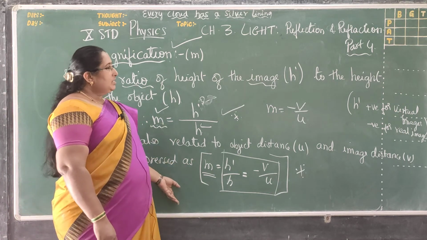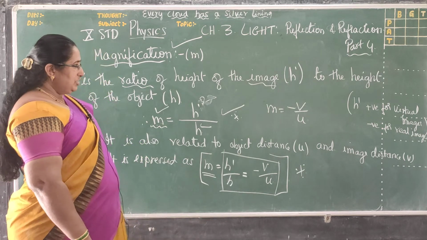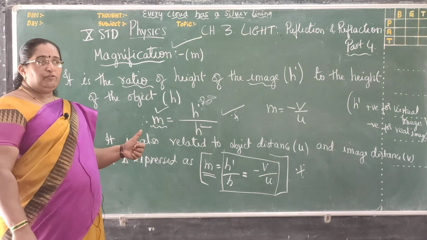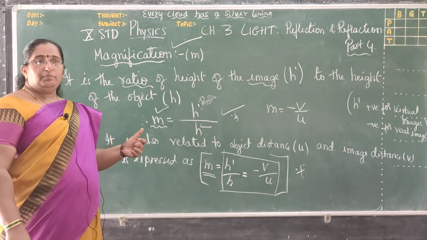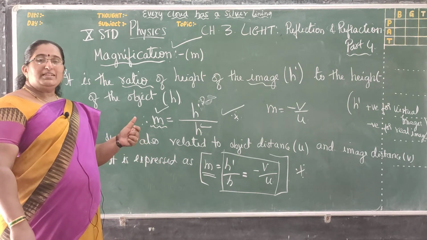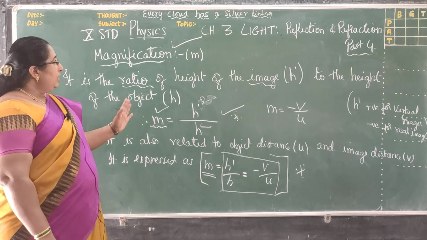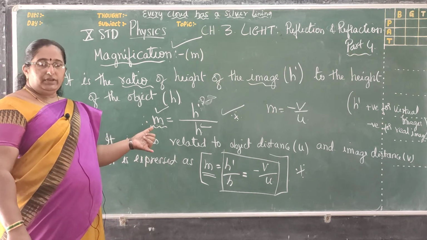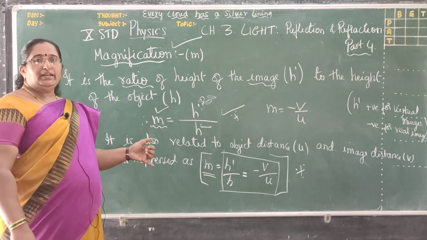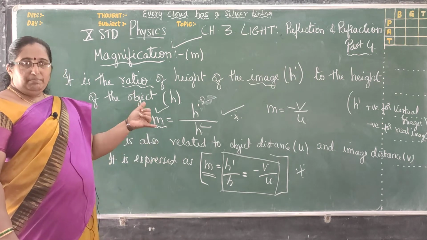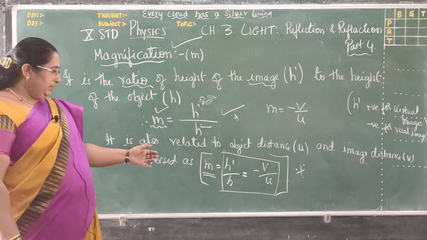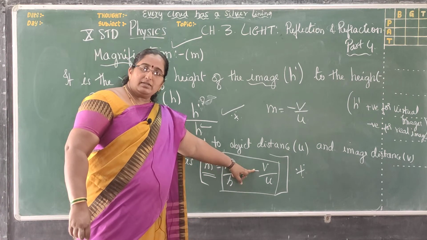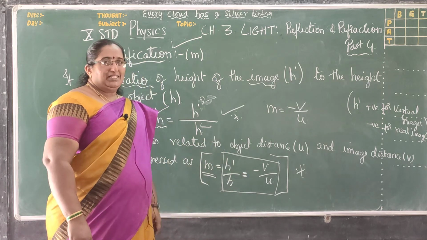So dear children, this is regarding magnification. You learnt about the mirror formula, which is that the reciprocal of the focal length is equal to the sum of the reciprocals of the image distance and object distance. And you also learnt about magnification, which is the ratio of the height of the image to the height of the object, or the ratio of the image distance to the object distance with a negative sign indicating whether it is a real image or a virtual image.